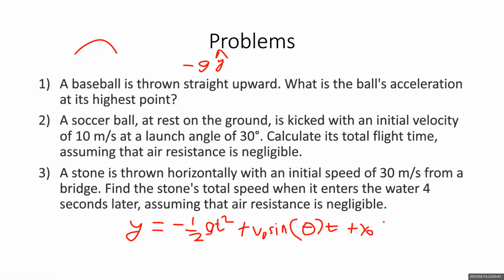And it's going to hit the ground. Y is 0. We're going to set this equal to 0 and solve for time. Now it starts on the ground too, so the initial height y naught is also 0.